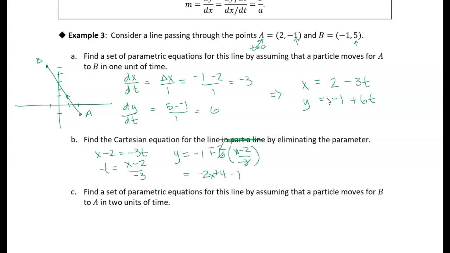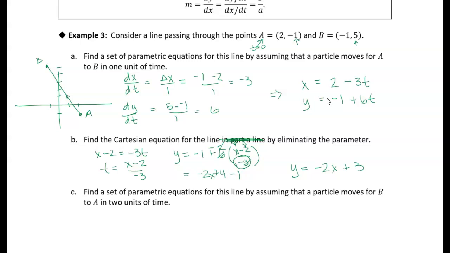I'm just distributing the -2. I divided 6 by -3, got -2, and then I'm distributing the -2. All right, so if I make this a little simpler, I get y is equal to -2x plus 3. Okay, so there's a Cartesian equation for this line.